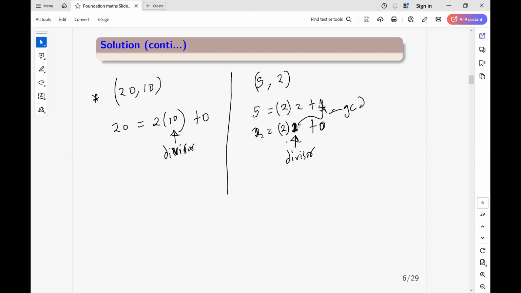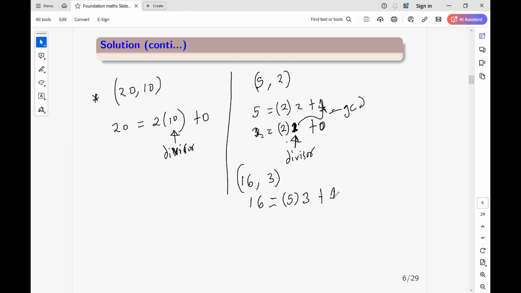Let me look at another example again: 16 and 3. And we say 3 goes there 5 times, is that okay? And the remainder is 1.